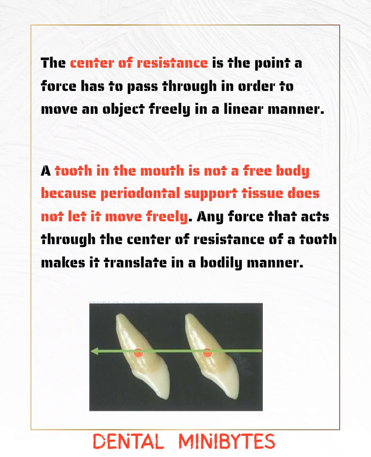Because of the periodontal support, the tissue does not move freely. So the force should be concentrated only at this point so that we can move the teeth bodily and not due to tipping movement. That is, if the force is not passed through the center of resistance, then there will be rotation of the teeth. So the orthodontist should aim at passing the force through the center of resistance, and this can be achieved with the help of power arms and such things.